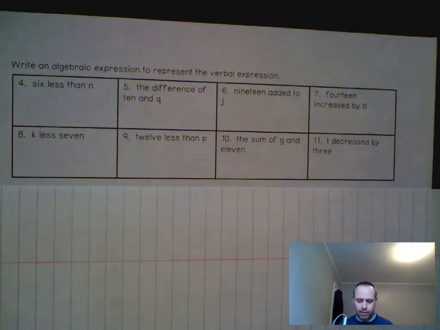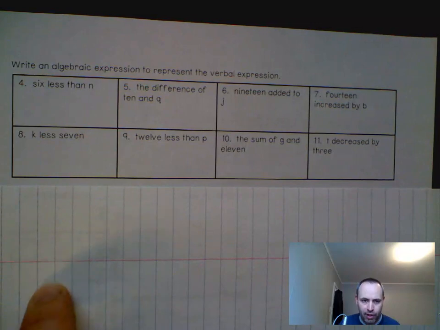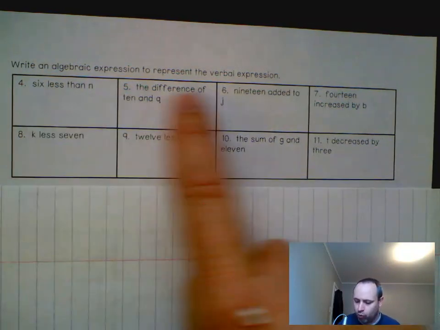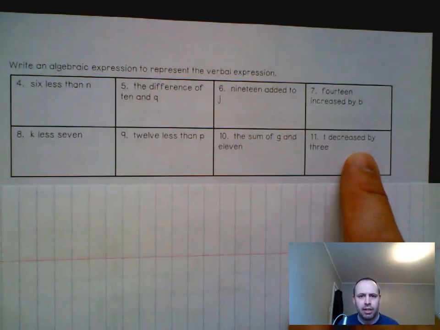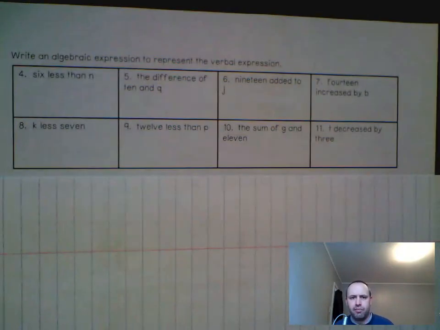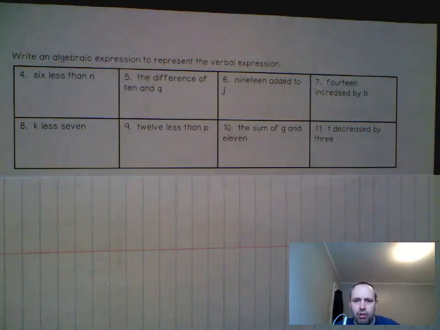Just write down the number, actually write down the number 4, 5, 6, 7, 8, 9, 10, 11. Okay, just write them down. You don't have to write all these words up here. I'm going to assume that you can pause the video and then try those 8 problems on your paper.